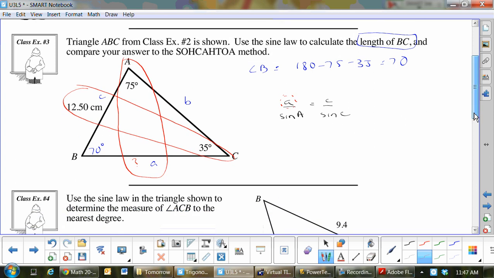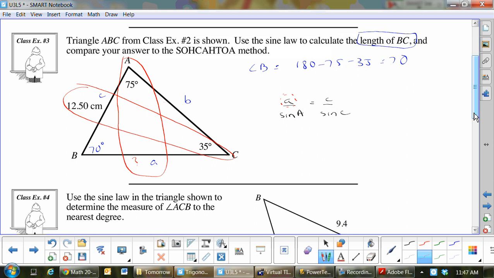Okay, now I'm just going to put stuff in. So A, I don't know, over sine 75 equals C, which is 12.50, over sine 35. Now remember what I said.